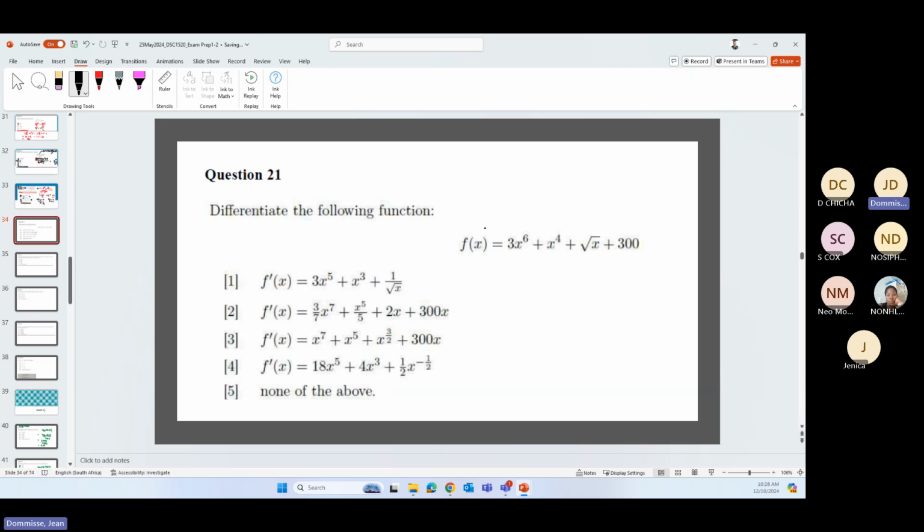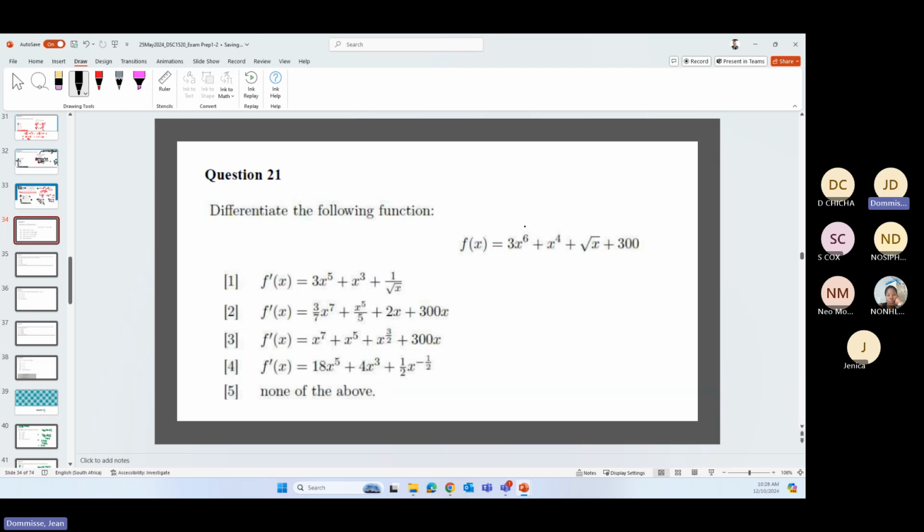Okay, so let's look, and again, you will see some of these answers are what you get when you integrate. So again, just be very careful.